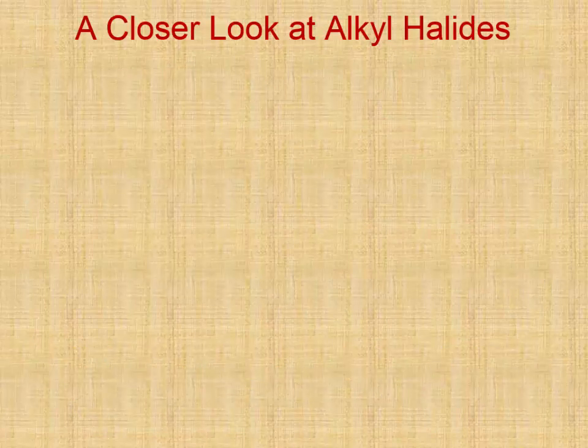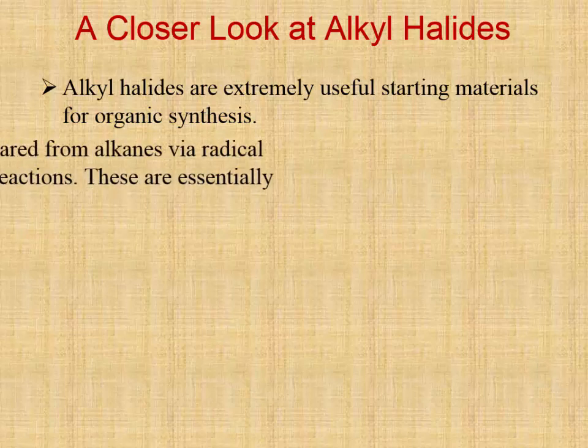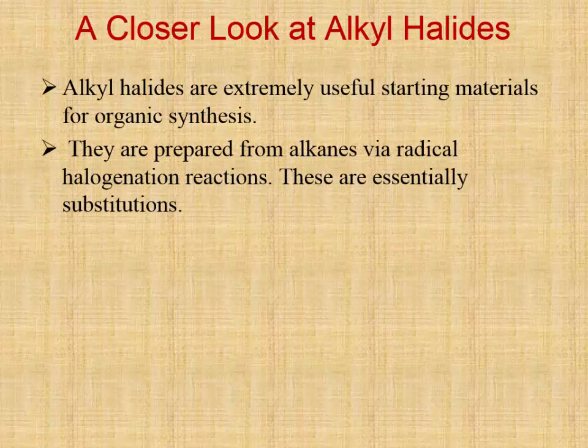Well, let's talk about some of the other uses of alkyl halides. For organic chemists, alkyl halides are extremely useful as starting materials for organic synthesis. This is because alkyl halides can be converted into many different functional groups. We make them from alkanes through a radical halogenation reaction.